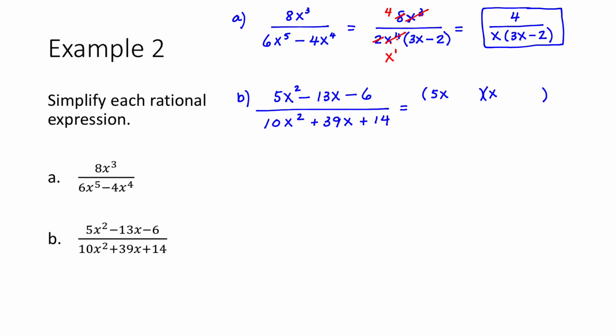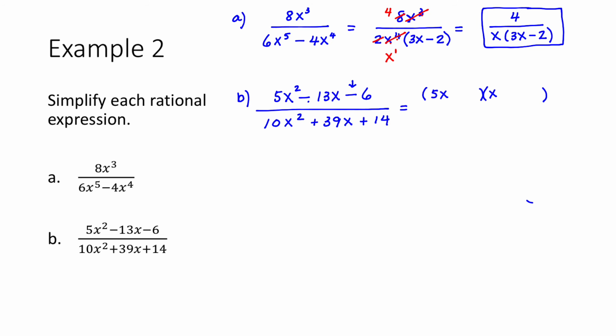And then the 6 could be 1 and 6 or 2 and 3. I'm going to use trial and error here. I want the signs to be different because it's a minus 6, and I want it to turn out to minus 13x.